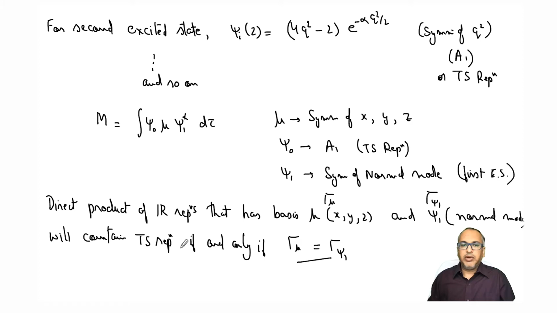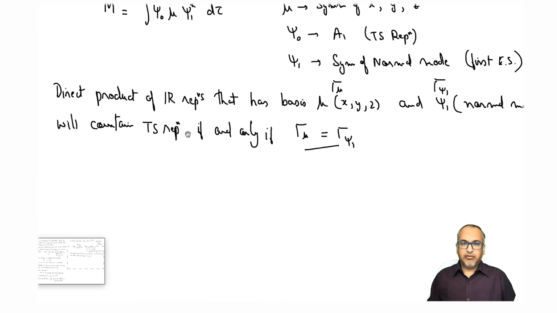Then only the direct product will contain the totally symmetric representation, and the integral will survive, right? The integral will not go to 0 unless tau mu is equal to tau psi 1. Now the symmetry of mu is fixed. The symmetry of psi 1, we know what it is. So that means the integral will survive.